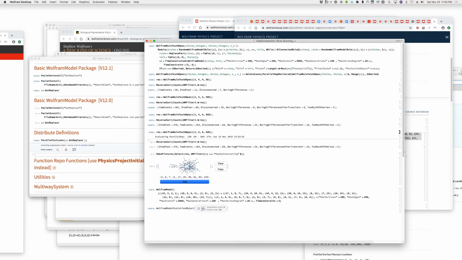The thing is, quite a few of them actually do have large vertex degrees.